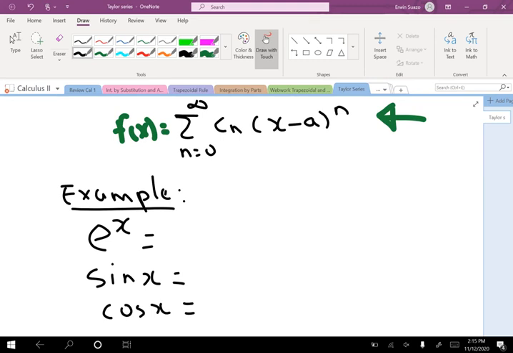Any good function that you have seen until today, sine hyperbolic, cosine hyperbolic, is going to have a representation as a power series. Sometimes it has to be on a small interval, but it is still going to be good enough when you want to represent it.